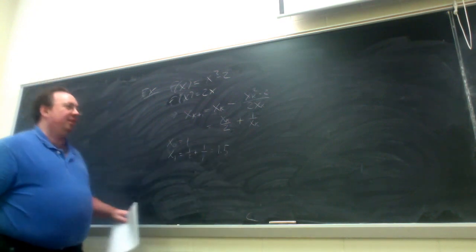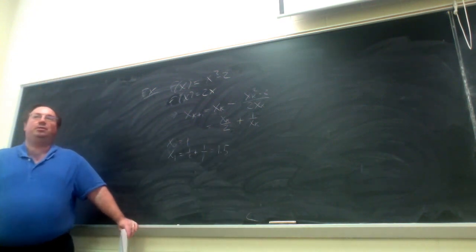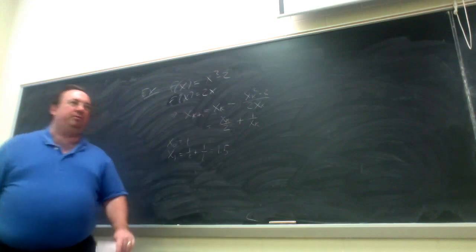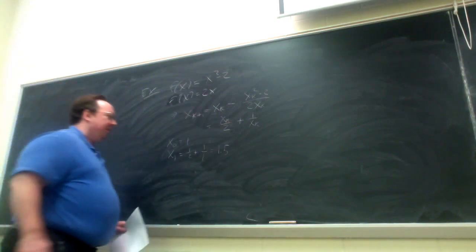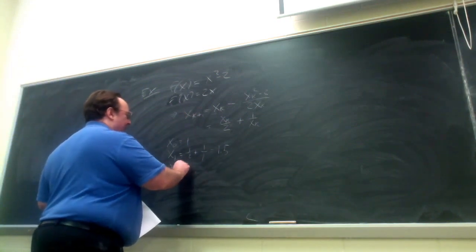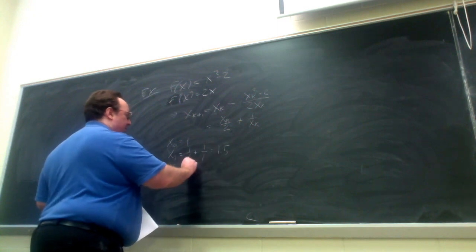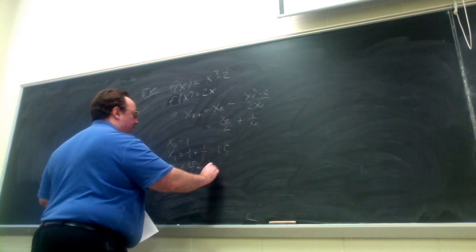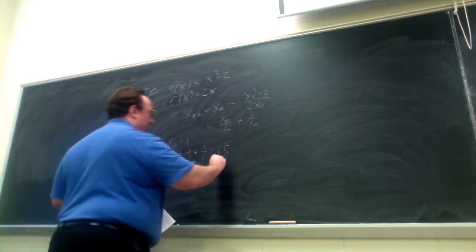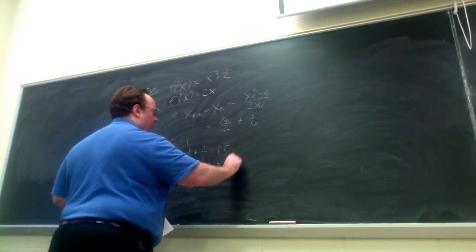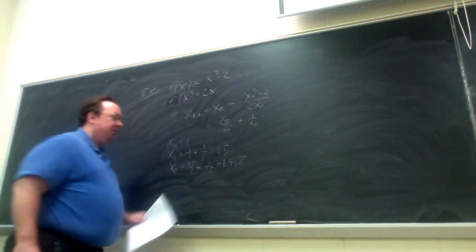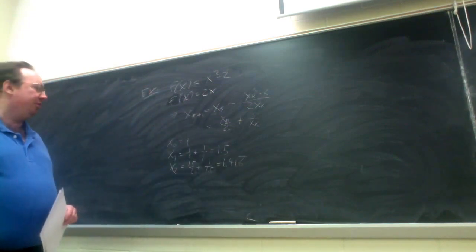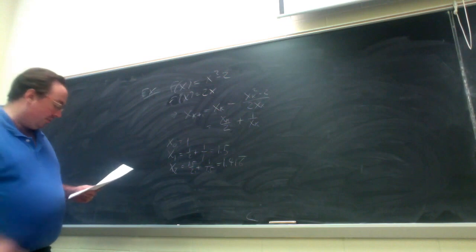Does anyone know the first few digits of the square root of 2? 1.414, 2135, etc. Then you do 1.5 over 2 plus 1 over 1.5, which turns out to be 17 over 12, so it's 1.416 repeating. We got those first decimal places already after just a couple of iterations.